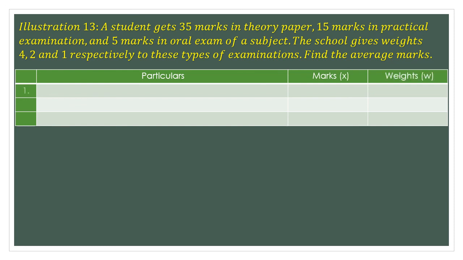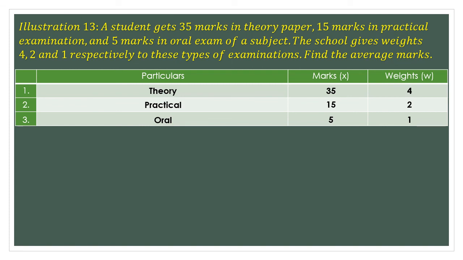Okay, so first is the theory paper, in which the student scored 35 marks and its weight is 4. The second group is the practical paper, where he scored 15 marks with a weight of 2. And the third one, the oral paper, scoring 5 marks with a weight of just 1. Same thing we have to do.